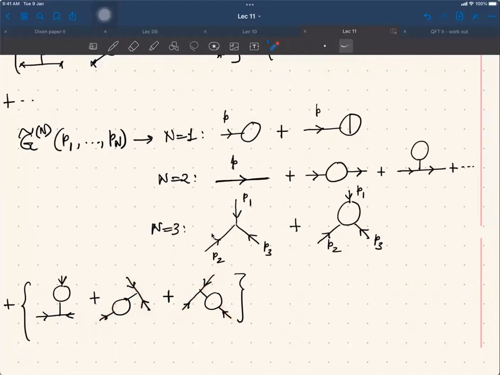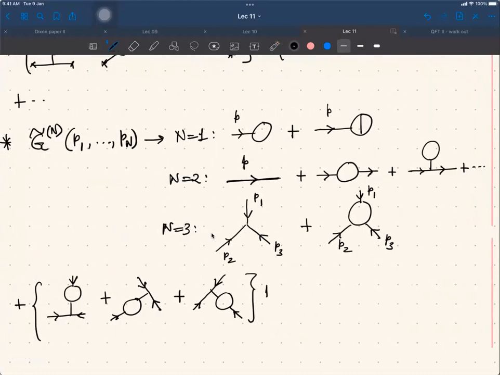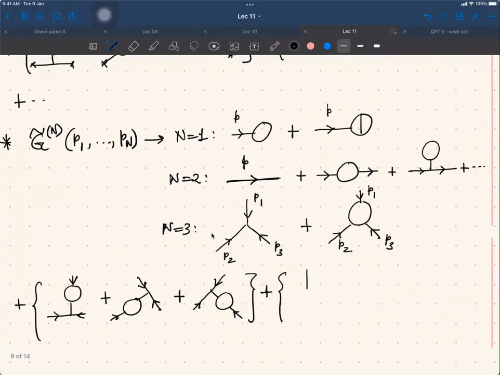That's why I'm rotating the diagram, for exactly the same reason as I did in position space diagrams.